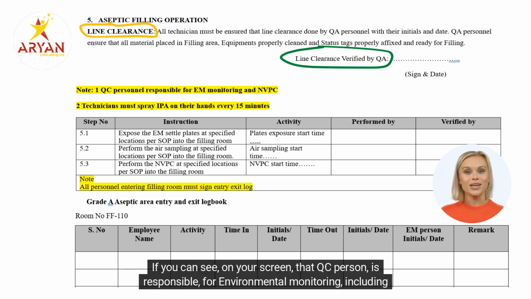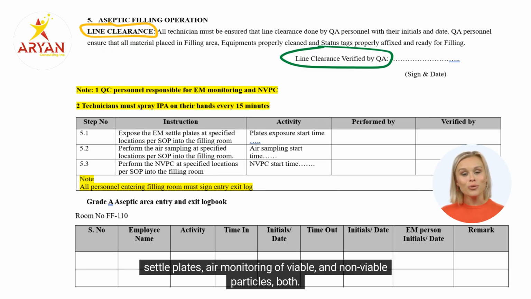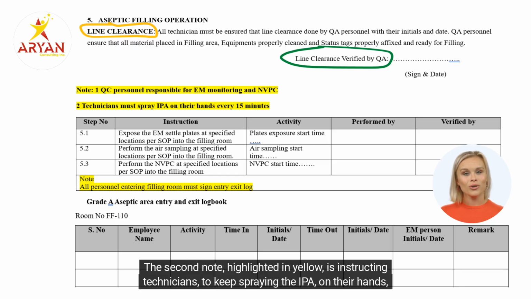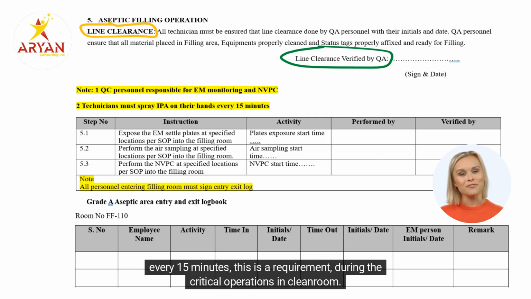If you can see on your screen that QC person is responsible for environmental monitoring, including settle plates, air monitoring of viable and non-viable particles, both. The second note, highlighted in yellow, is instructing technicians to keep spraying the IPA on their hands every 15 minutes. This is a requirement during the critical operations in cleanroom.